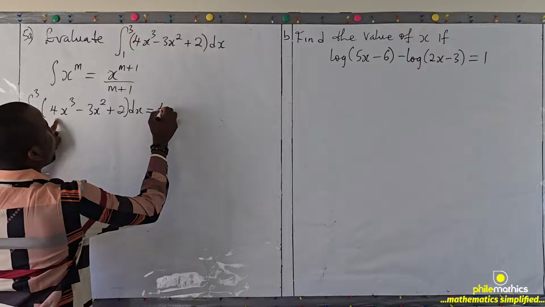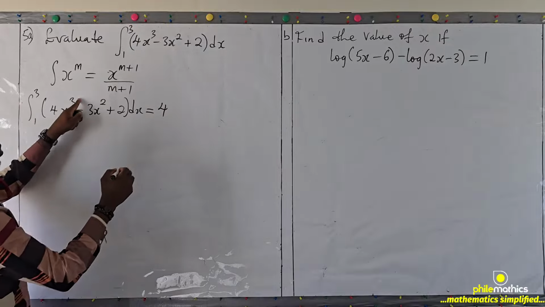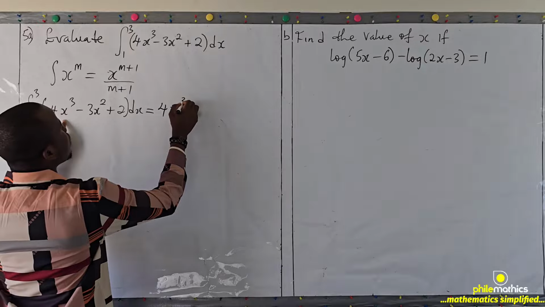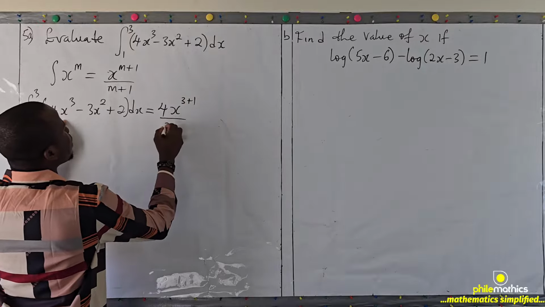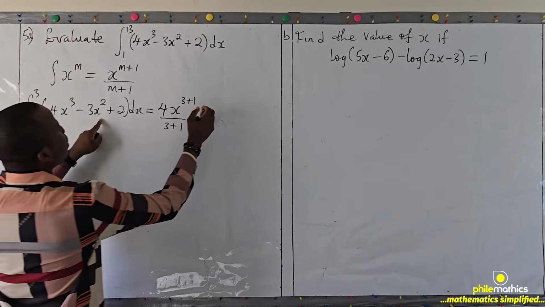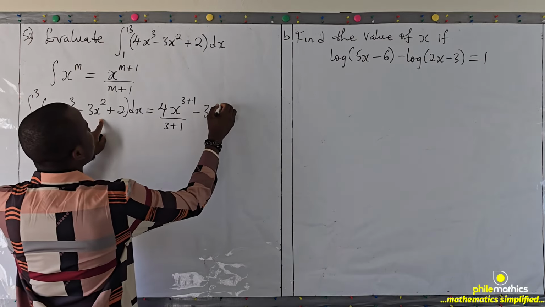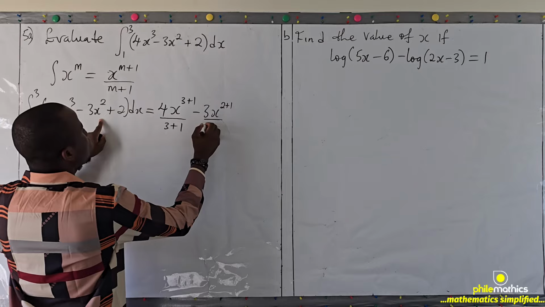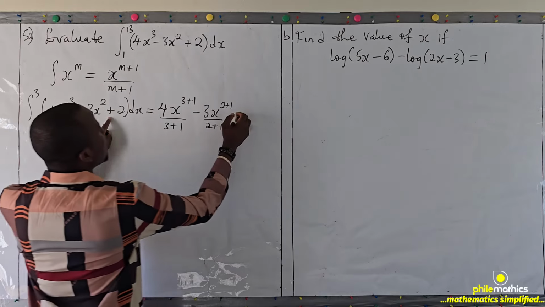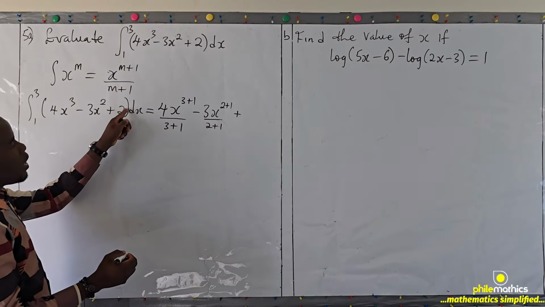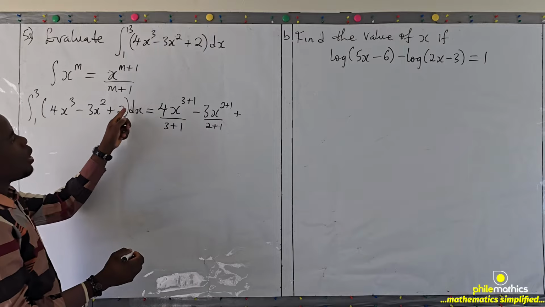This is 4. We'll add 1 to the power and then divide by the power. So 3 plus 1 over 3 plus 1, minus, add 1 to the power, divide by the power. 3x to the power 2 plus 1 over 2 plus 1, plus, if we integrate a constant, a variable will appear.